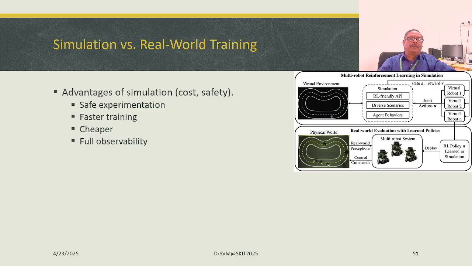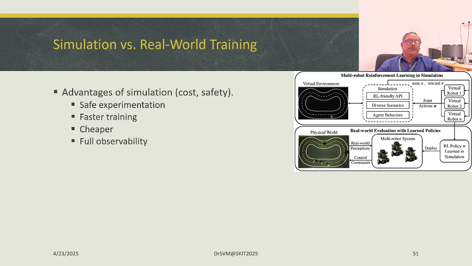So the advantages of using simulation are mostly in terms of cost and safety. It will be safe when it comes to experimentation. Instead of real-time experimentation, we can make it simulated, and it will be definitely safe.